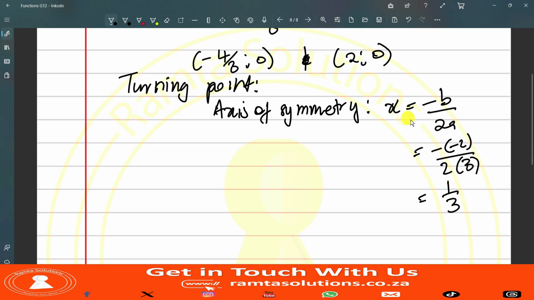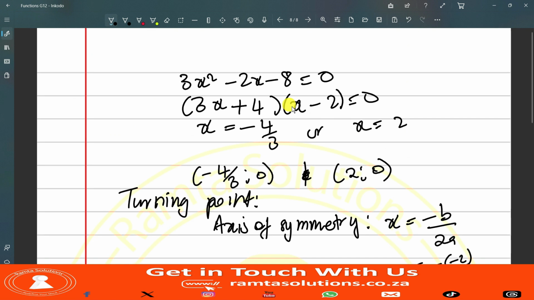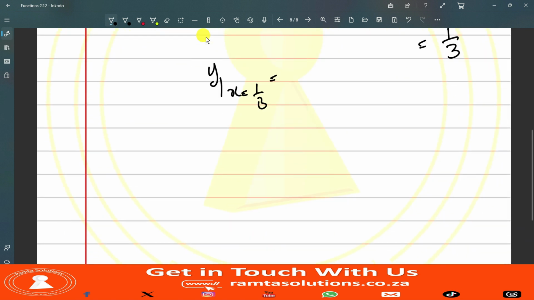Right? Now, we're going to substitute this, x equals 1 over 3, into the equation of the quadratic, the first derivative. Meaning what is x? We're going to put 1 over 3 and see what the answer is.